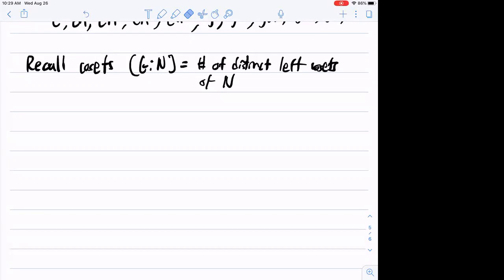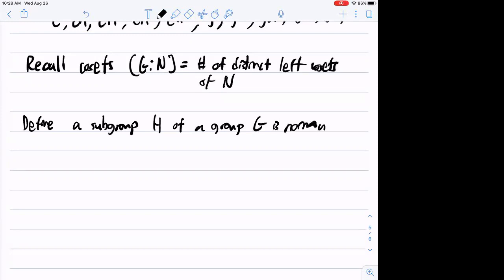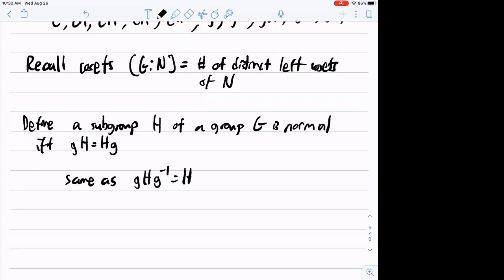So we define a subgroup H of a group G to be normal if and only if gH is Hg. And if you multiply by g inverse on the right, this is the same as how some books write it. So again, what does this mean?